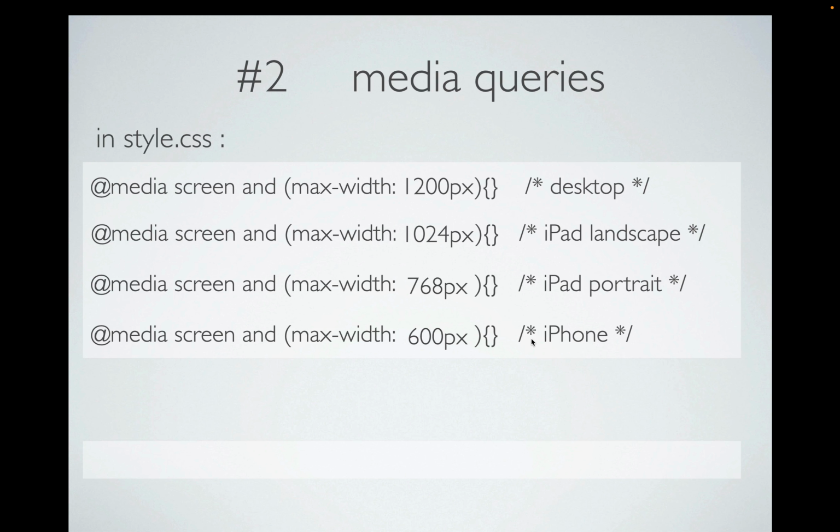So this is the syntax, which is omitting perhaps the most important part, which is what happens in these curlies here: the CSS styles that are applied on this size device. Generally we put in our baseline styles, and you can decide which way you want to go.